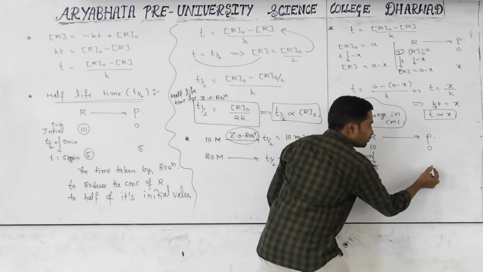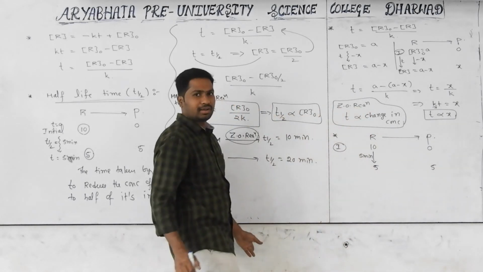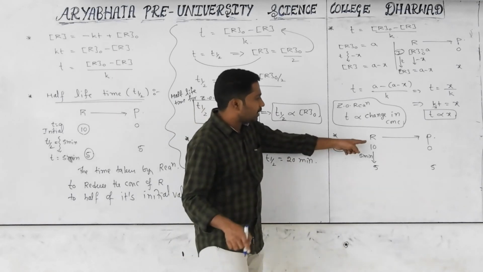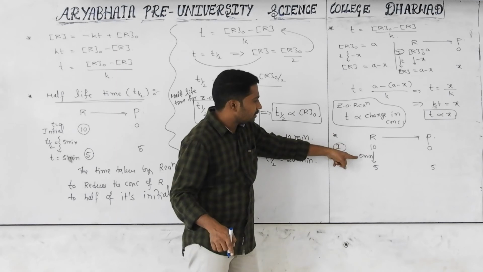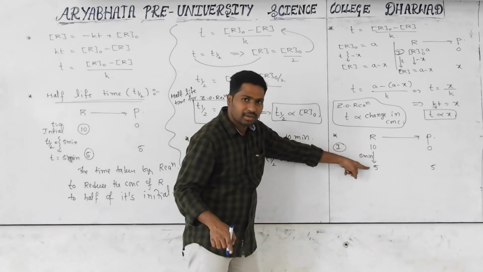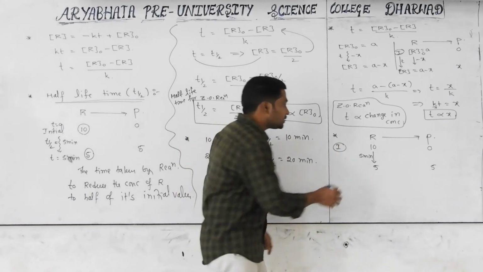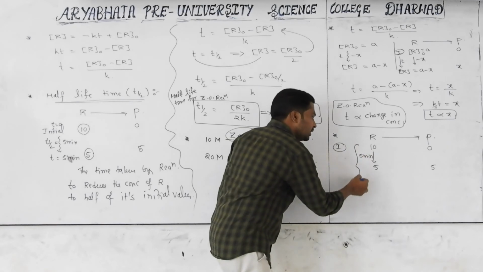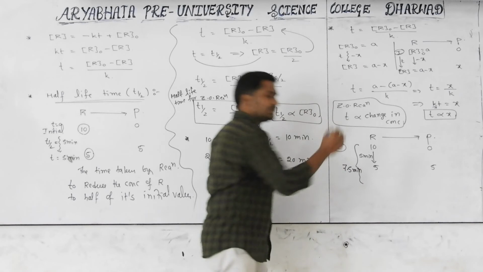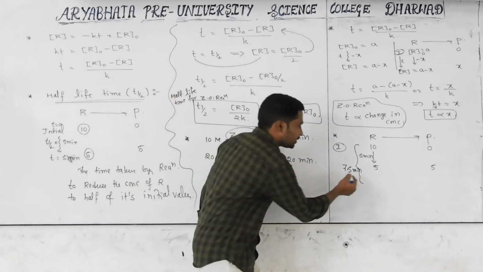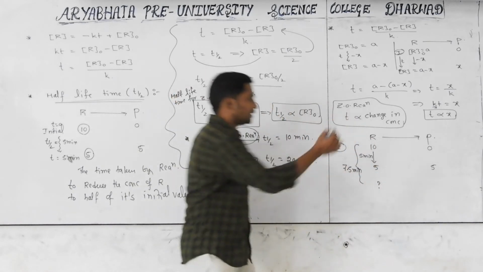Automatically, how much products will be forming? 5 molar. What is the question? In a chemical reaction, initially the concentration of the reactant is 10. Within 5 minutes, it is changed into 5 molar. But what is the concentration after 7.5 minutes? Nice question. After 7.5 minutes, what is the concentration of the reactant?